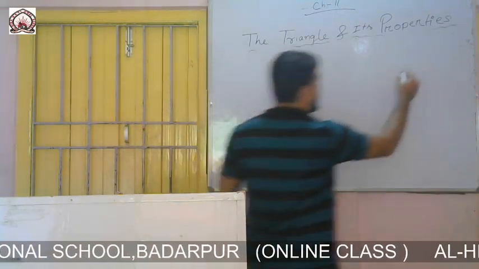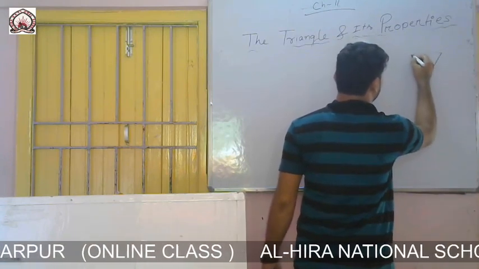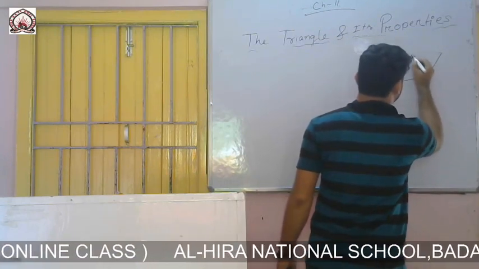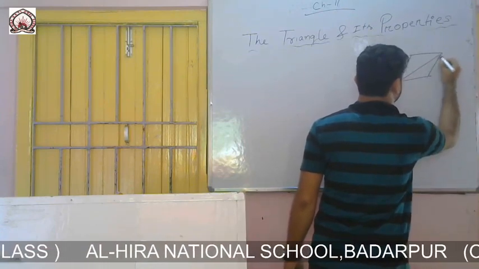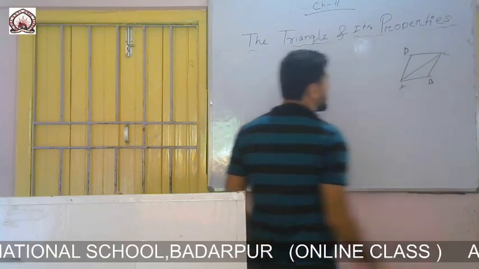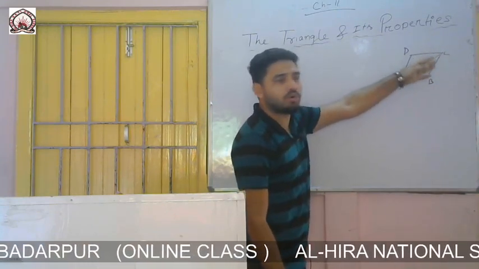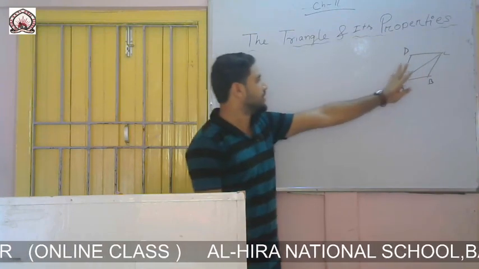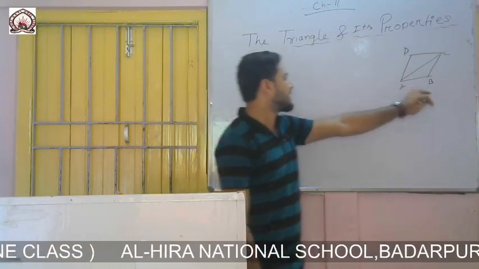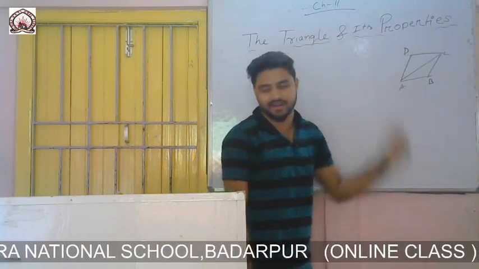Let me draw the figure, then it will be very easy for you. You see, this AC divides the figure into two triangles. We can name them triangle ABC and triangle ADC or CDA, anything you can write.